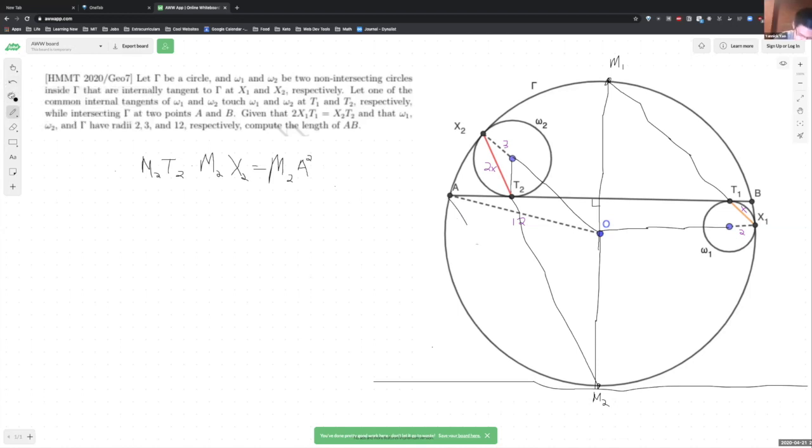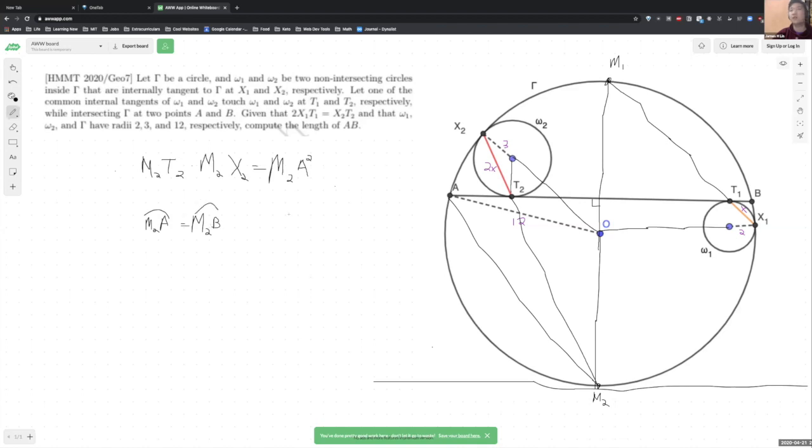So in particular, if we draw this right here, we have some equal angles now. In particular, we have that arc M2A equals arc M2B, so they're going to inscribe the same angles. Inscribed angles are going to have the same measure as well.